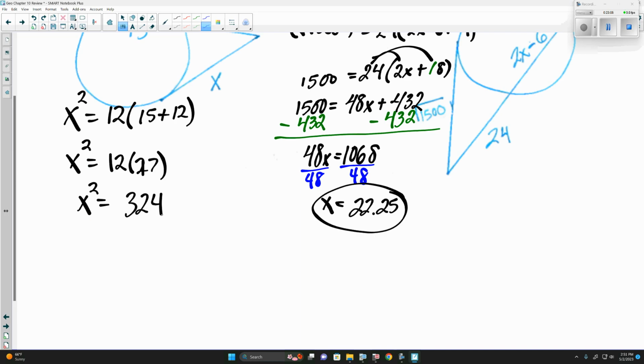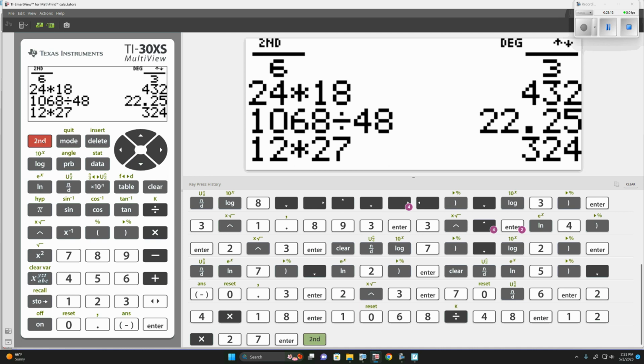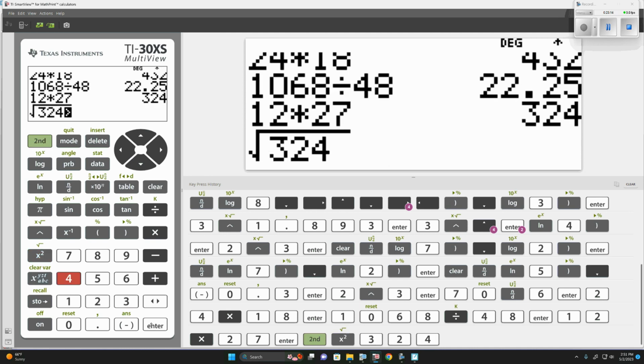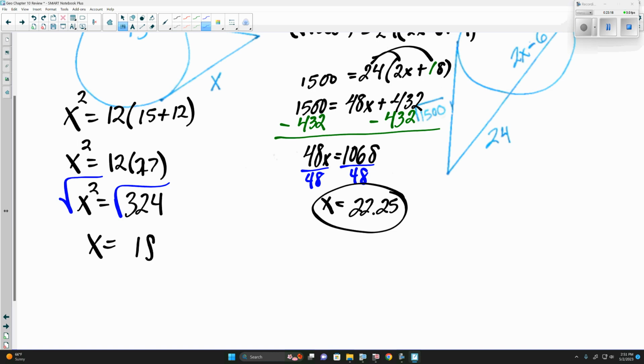So x squared is equal to 324, and in the calculator we can do the square root of 324 and get 18. Now we would have plus or minus on this here, but if we look back at the equation or at the graph picture, x is to the first power, yes?